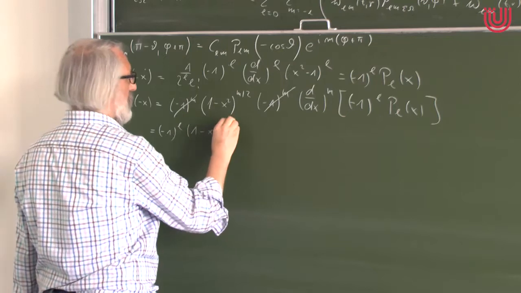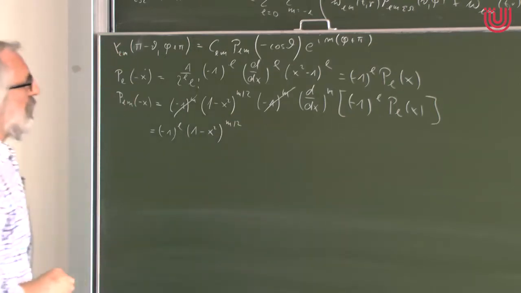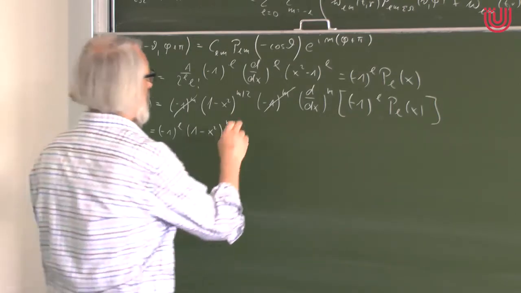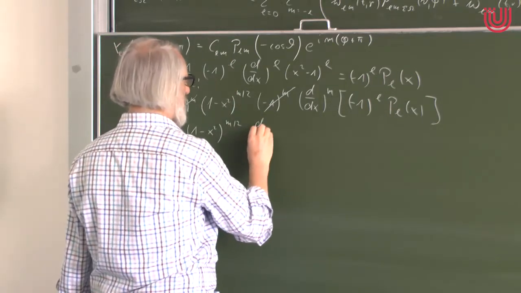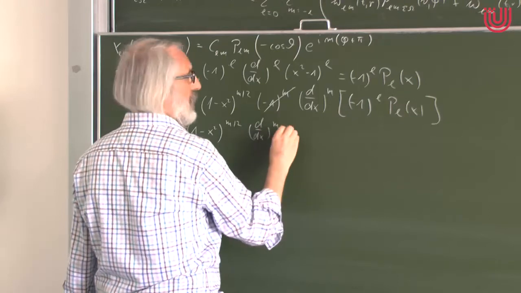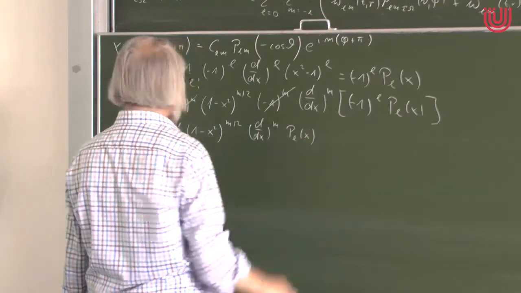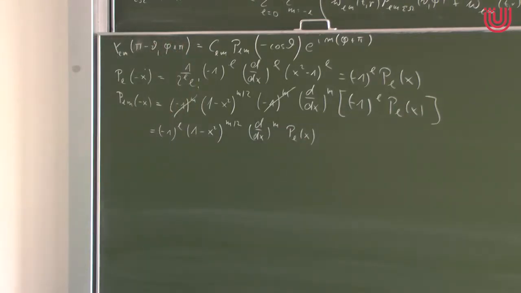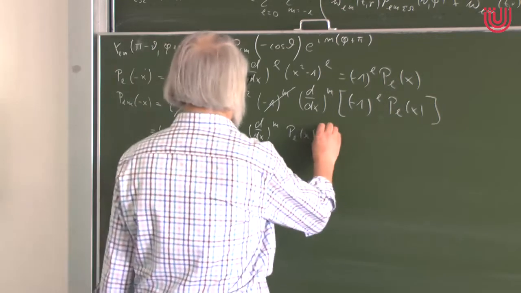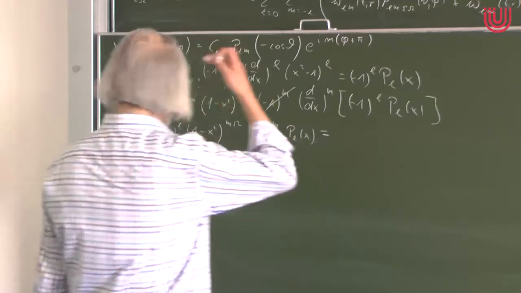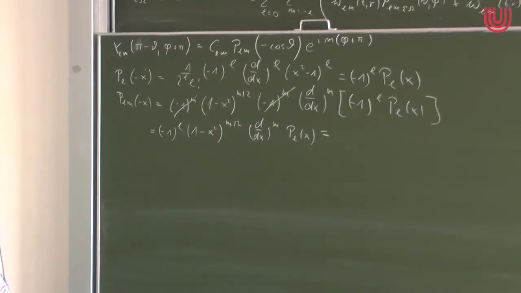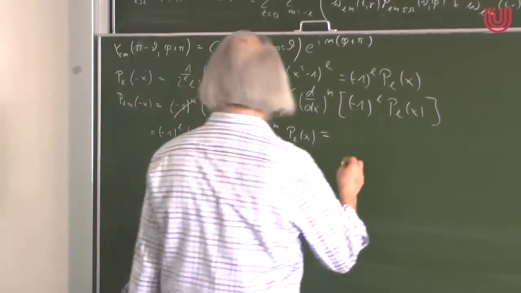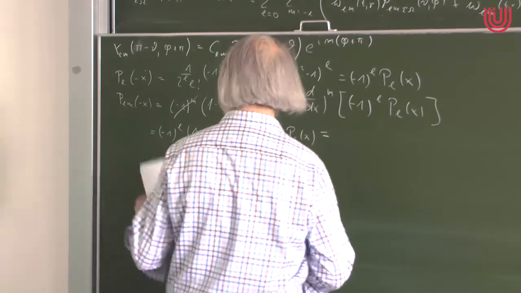1 minus x squared to the m half, PLX, d by dx to the m, PLX. And this is what? Yeah, there's a factor.